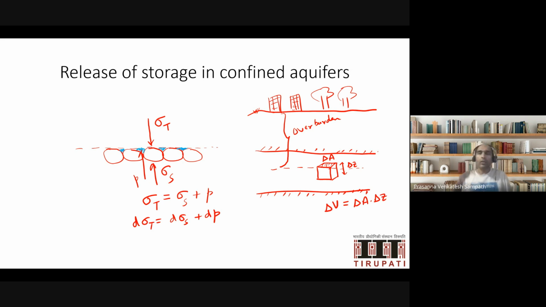Now suppose I remove a little bit of water from this imaginary box that I have drawn there.